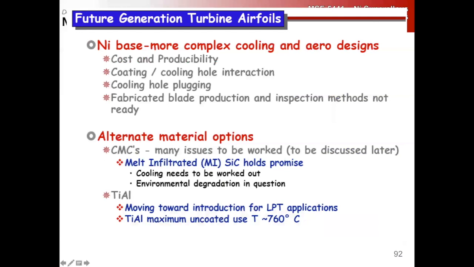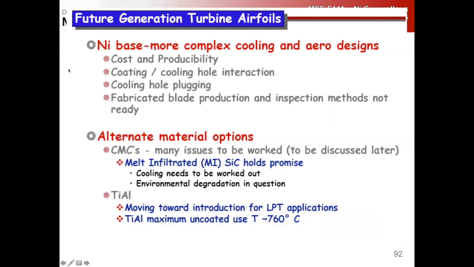But there are tests going on. GE is doing live engine tests of CMC blades at military temperatures with no cooling, solid blades without any thermal barrier coating, just an environmental coating to prevent erosion and hot corrosion.